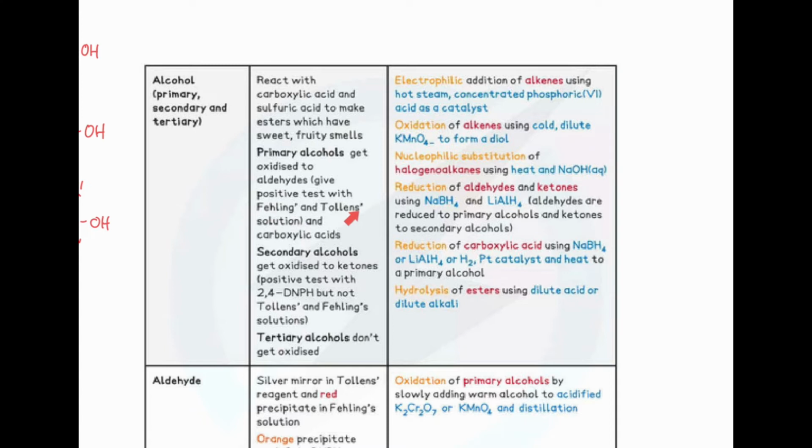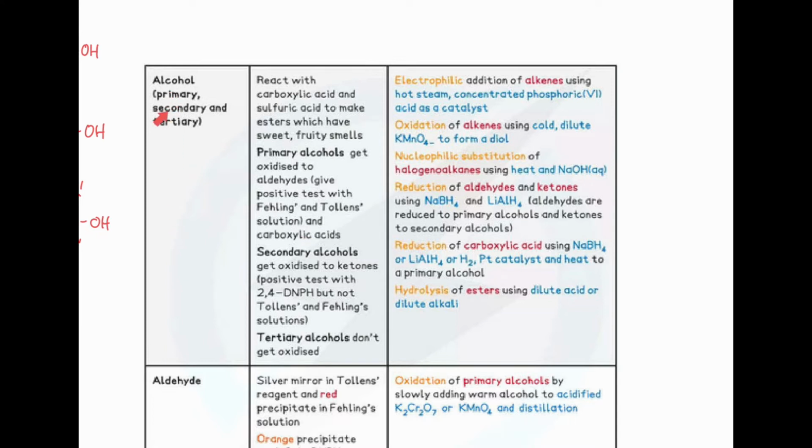If it works, of course you have to remember the observation, where Fehling's will change to a brick-red precipitate, and then Tollens' will change to a silver mirror. If that happens, that means your alcohol is a primary alcohol, and the aldehyde will get oxidized to carboxylic acid. Okay, so that is the test.